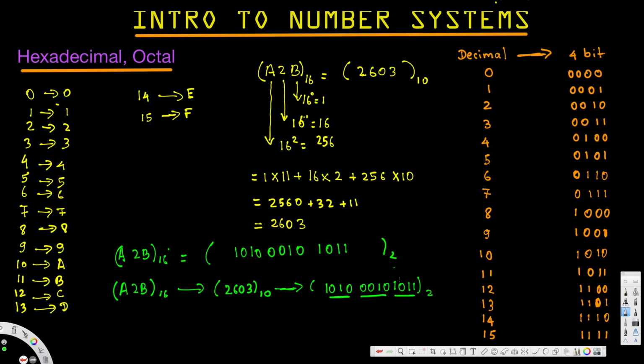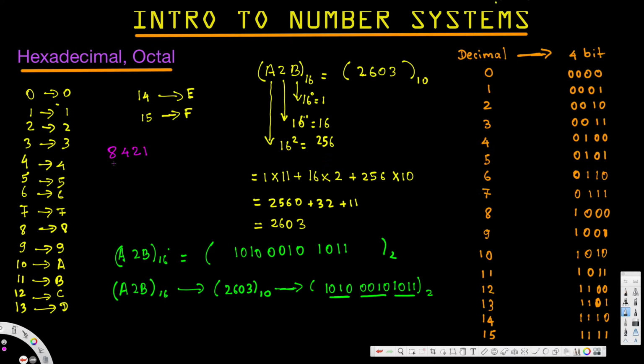Now let's see how we got this number. It's easy to see from the table, but there's a logic to it. When we talk about binary, we say 8421 for binary, right? For hexadecimal we have 4 digits.